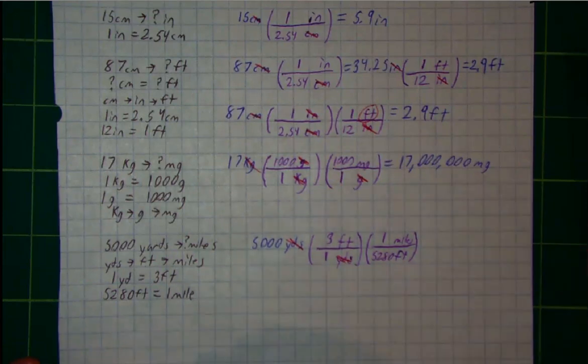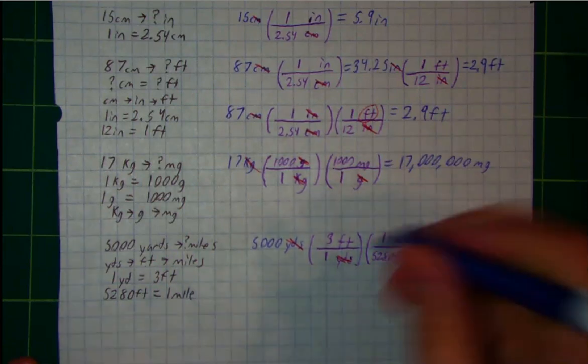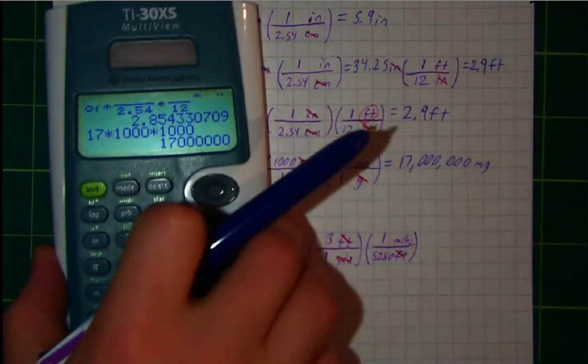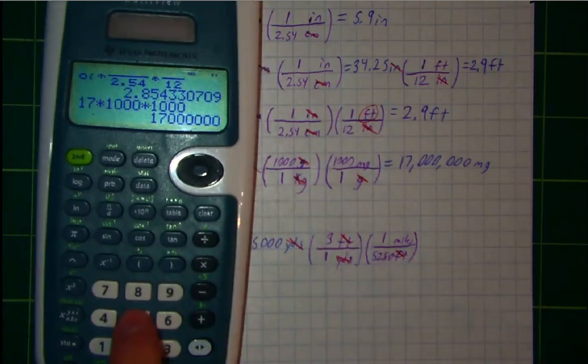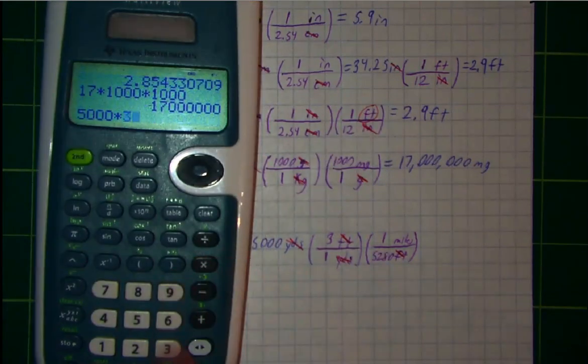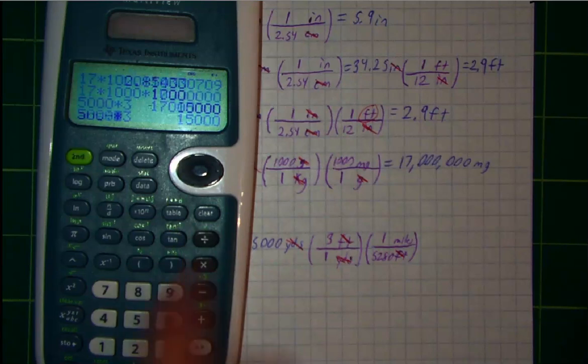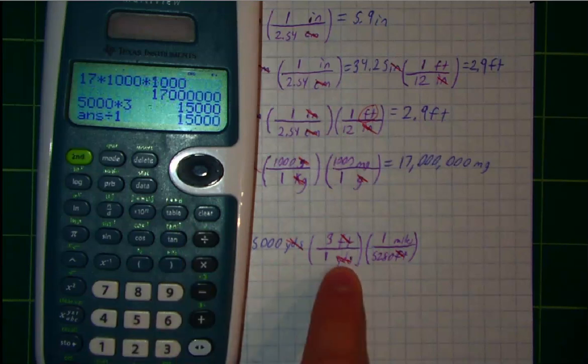All we have to do now, well, first off, I can see that feet is clearly going to cancel out as well. And so whatever our units are going to be are in miles, which makes sense. But we just say, okay, well, what is 5,000 times 3? Okay, it's 15,000. And it's going to be in feet. Okay, and then we can divide it by 1 if we want to, which doesn't change the answer.